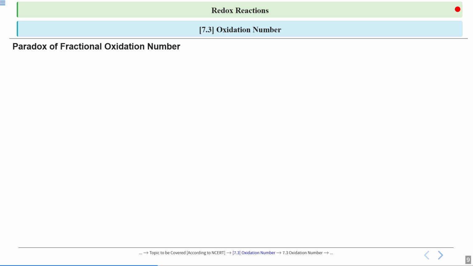How can oxidation number be fractional? In general, we never say that oxidation numbers are fractional. But sometimes we do come across certain compounds in which the oxidation number of a particular element is a fraction.